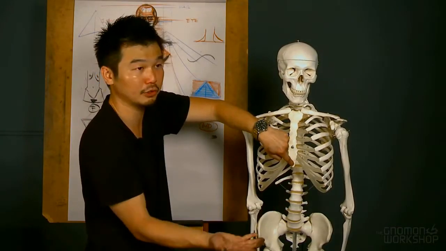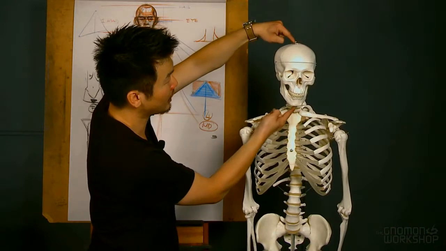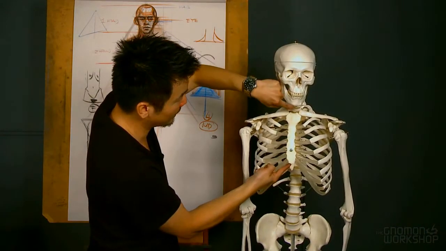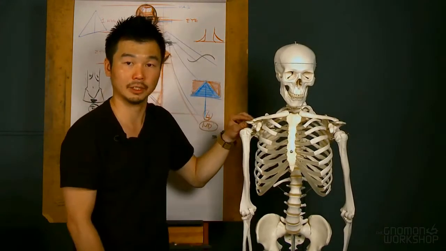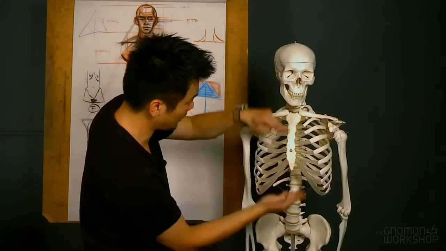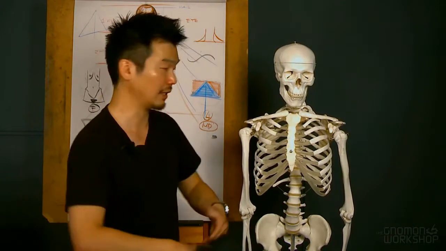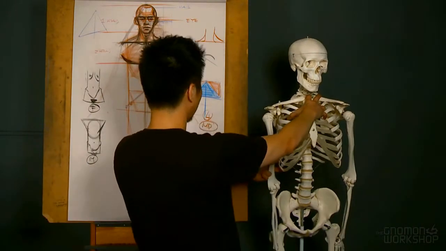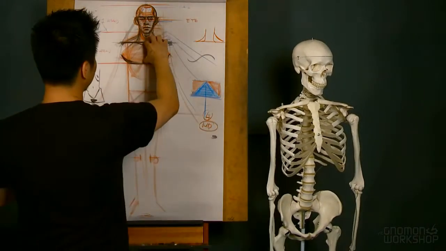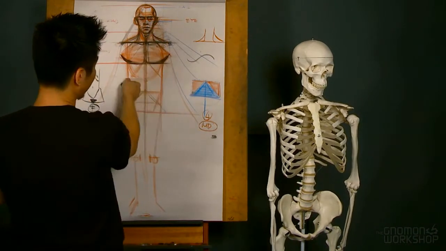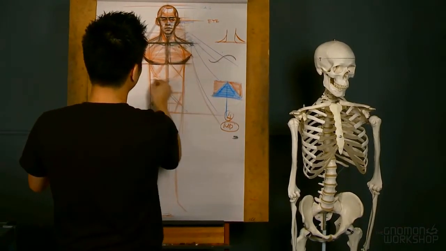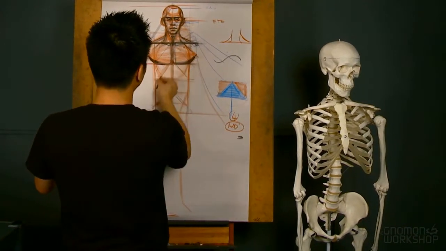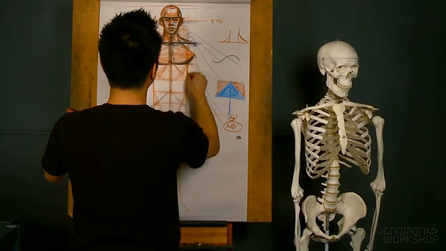Otherwise, you need to take that one head, move the whole head down, make it halfway of that, and then move that down. Again, that's a lot of work. Just take that sternum, that means take that chest, and move that down. If I move it down somewhere about right there, that gives you roughly the bottom of the rib cage.